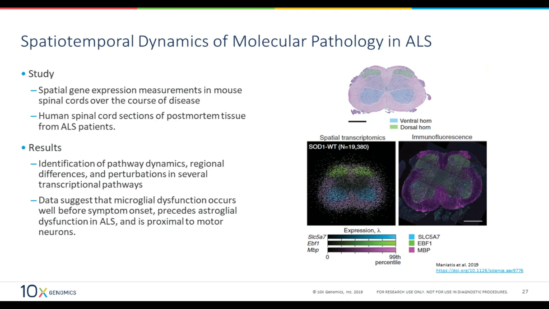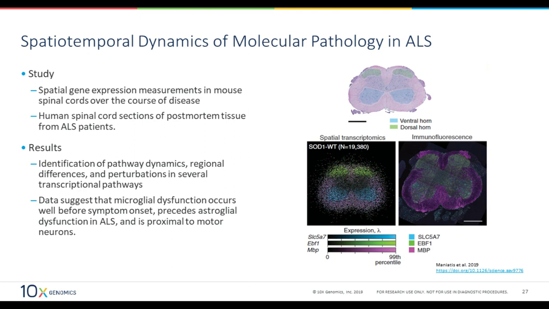In the mouse models, you can imagine that before even witnessing symptoms, you are able to resect these spinal cords and look at them, and also post-symptoms, as well as with post-mortem human ALS spinal cord tissue.